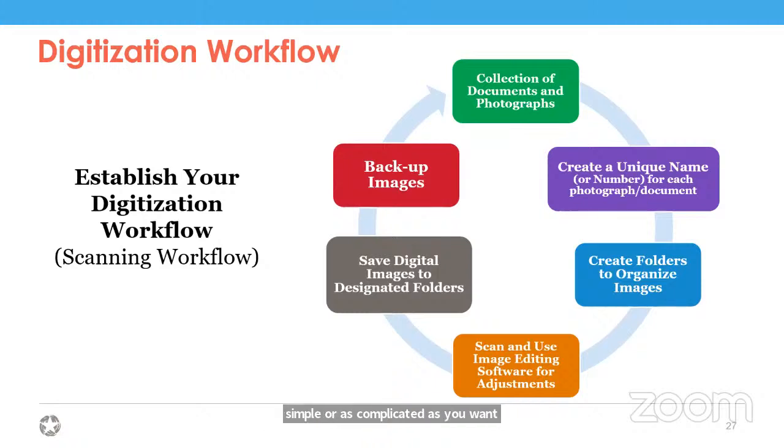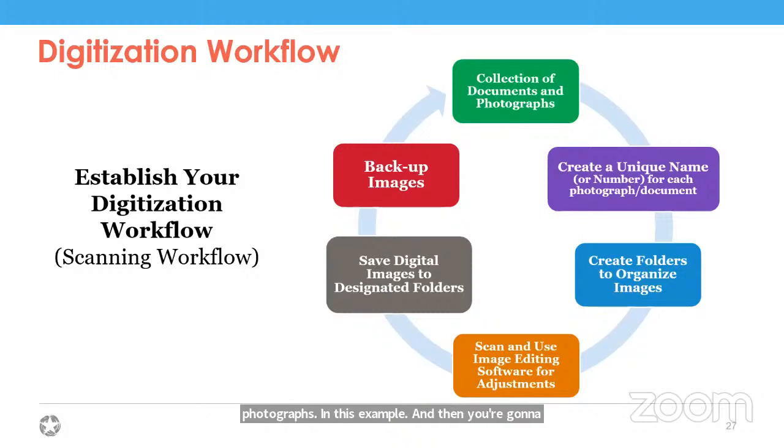The first thing I really, really stress is just sit down, make a plan, and create your workflow. This is not the only model to use. This is just a quick, simple model to illustrate what I'm talking about with the workflow. You start out with your collection of documents and photographs in this example. Then you decide, what is that collection?